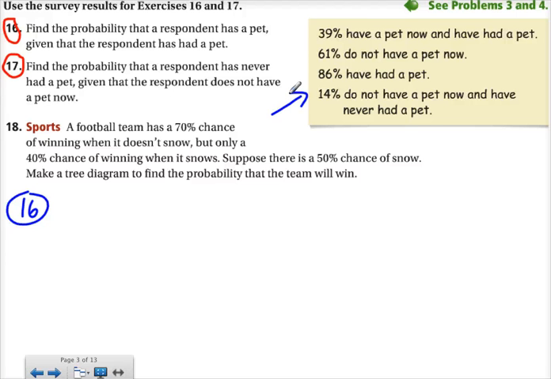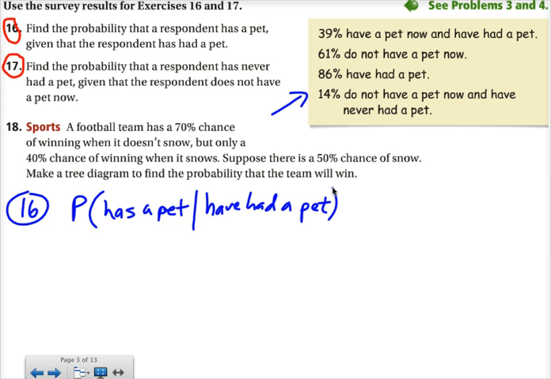And 16 says, find the probability that a respondent has a pet, given that the respondent has had a pet. So the first thing I'm going to do is write this down using the notation that we use for probability. We want the probability that the person has a pet, given that they have had a pet.